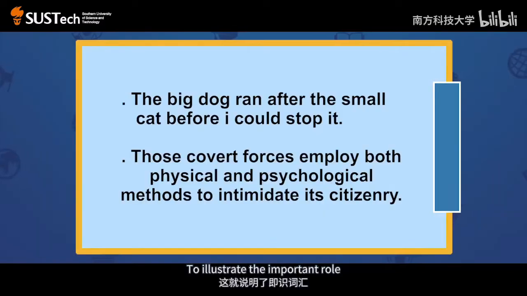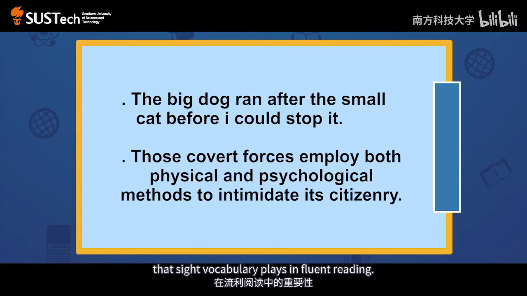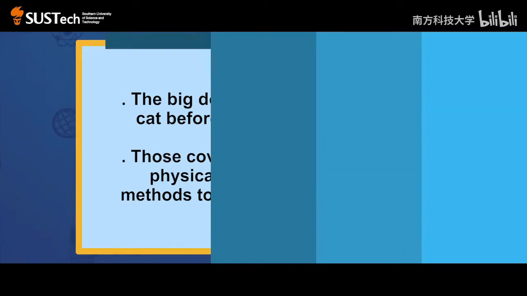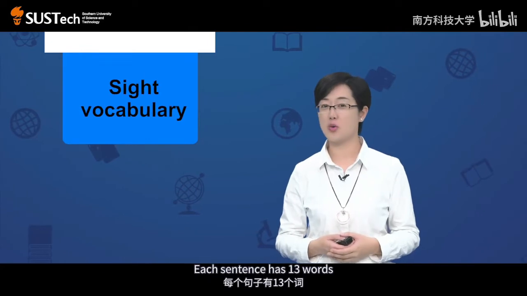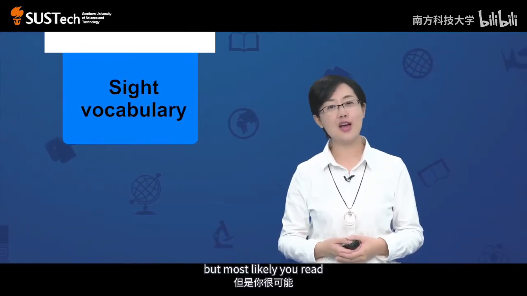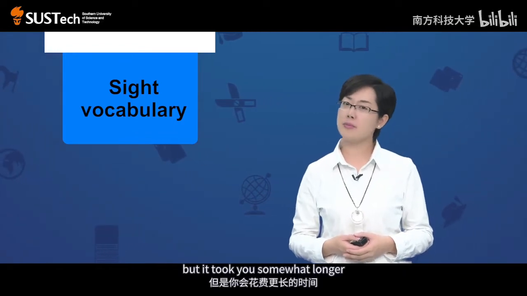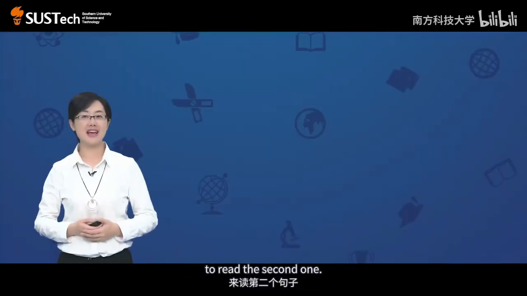To illustrate the important role that sight vocabulary plays in fluent reading, read these two sentences and time yourself. Each sentence has 13 words, but most likely you read the first sentence quickly, but it took you somewhat longer to read the second one.